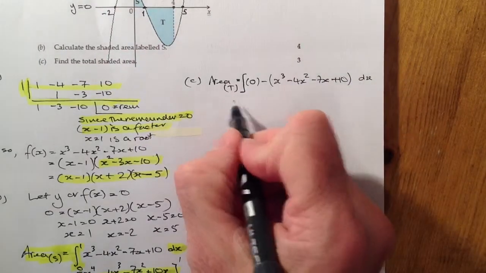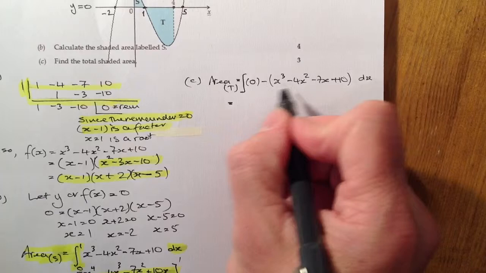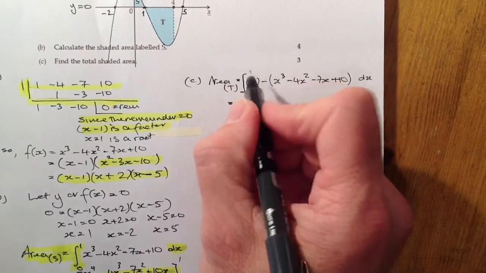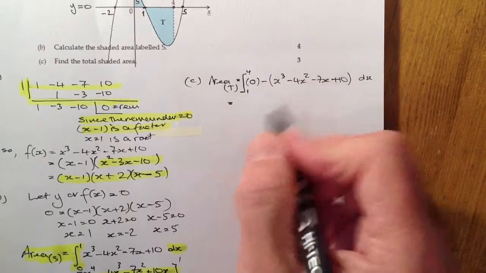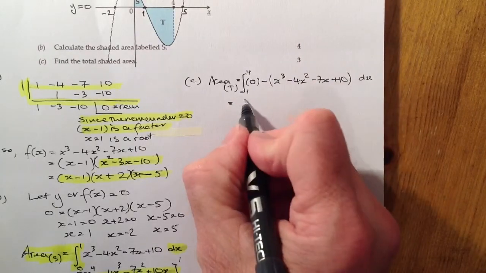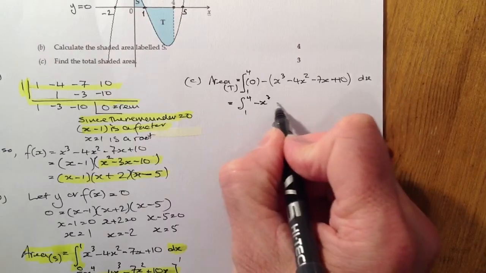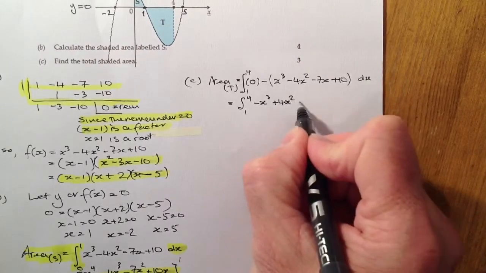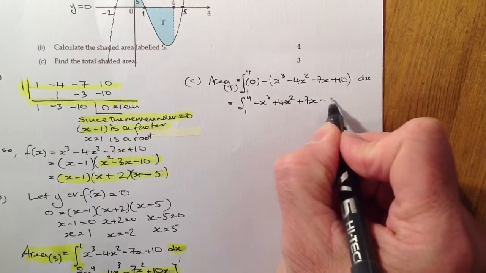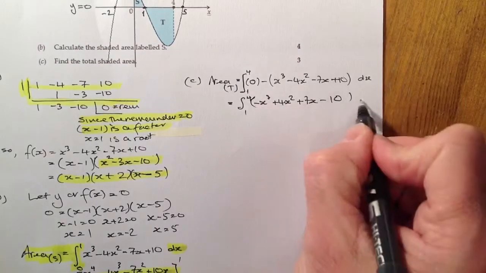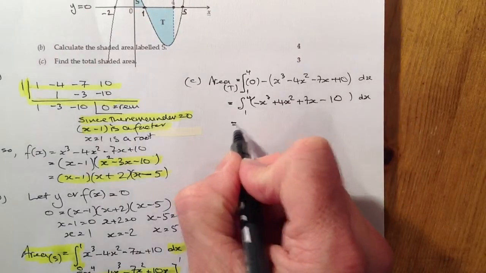From there, I'll go ahead and integrate it. Let's prepare it first and get our limits in. Preparing it, I'll take one more step and make that minus x cubed plus 4x squared plus 7x minus 10, all with respect to x.